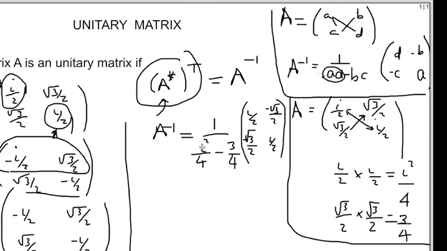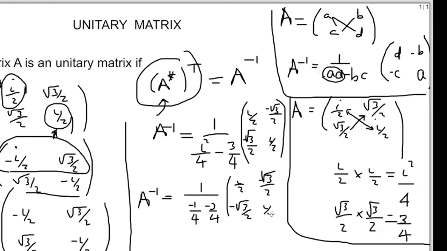So what I need to do now is simplify. So I have A inverse is equal to 1 over, i squared is negative 1, so I will have negative 1 over 4 minus 3 over 4, still going ahead to have i over 2, minus root 3 over 2, minus root 3 over 2, and then we have i over 2.